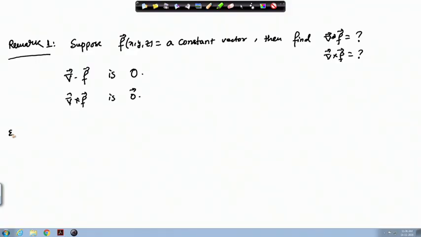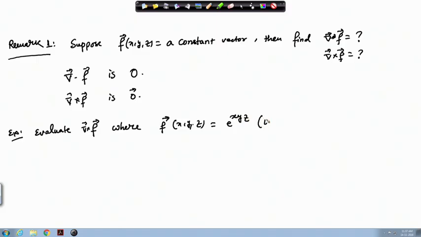Next we consider an example. Evaluate the curl of f, where f(x,y,z) is a slightly interesting function: e to the power xyz times i plus j plus k.